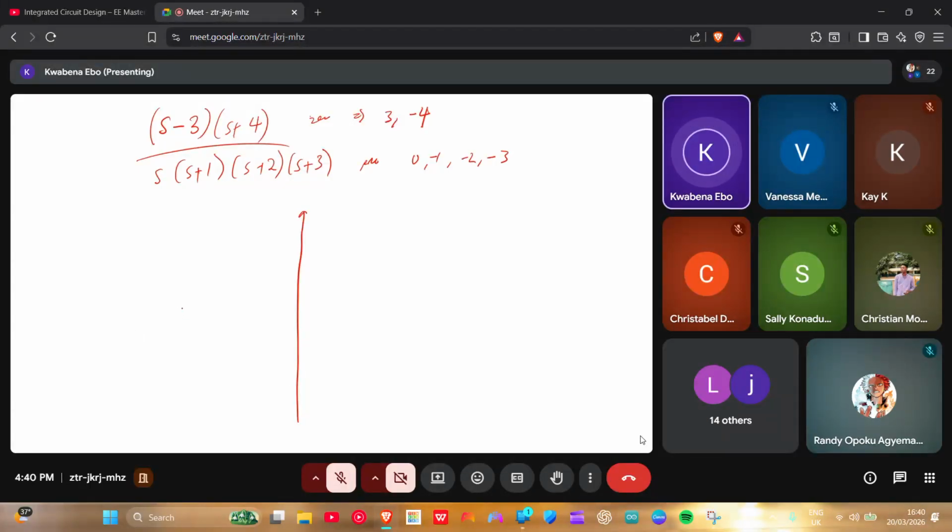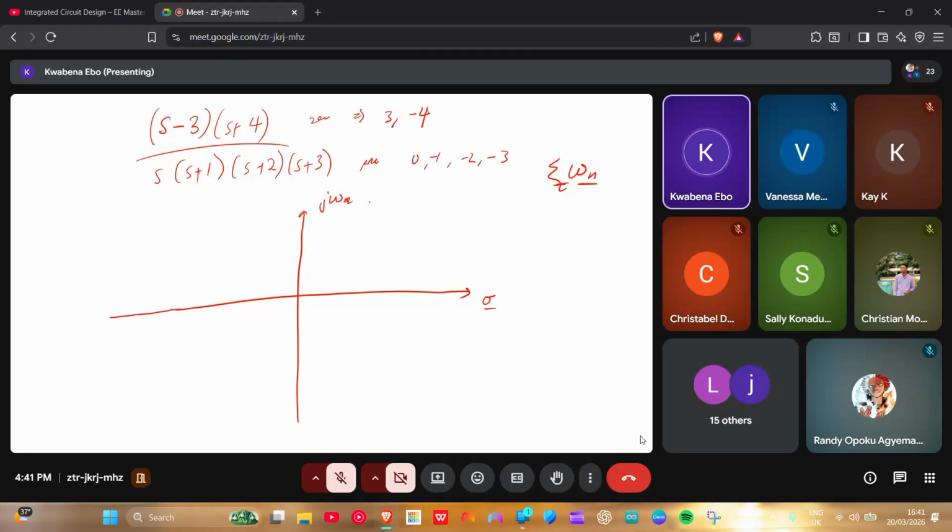The result is just a graph, and for every graph you need your x and y axis. But here it is our sigma and j omega axis. Sigma is just the damping term, and this is j omega n.